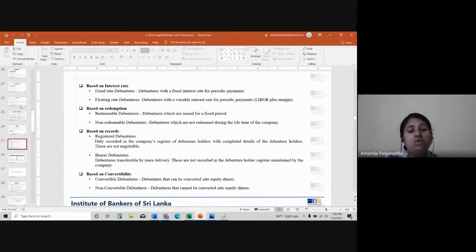That would be the non-convertible debenture. A convertible debenture is issued as a debt instrument and during its tenor it remains as a debt instrument, but on maturity, the investor has the option whether to convert it into equity or to get his principal back.